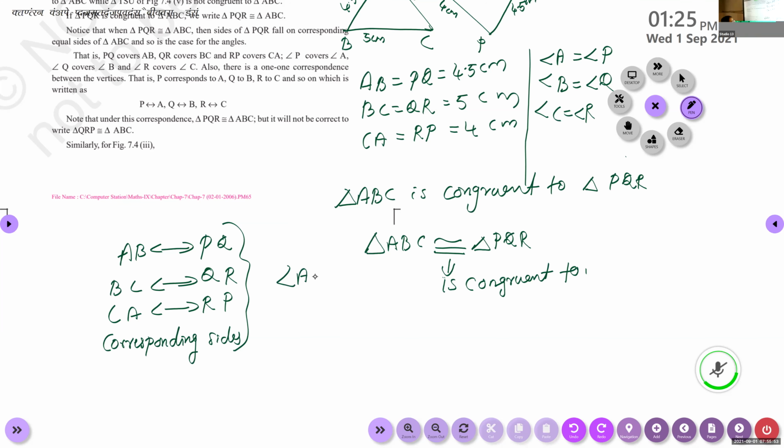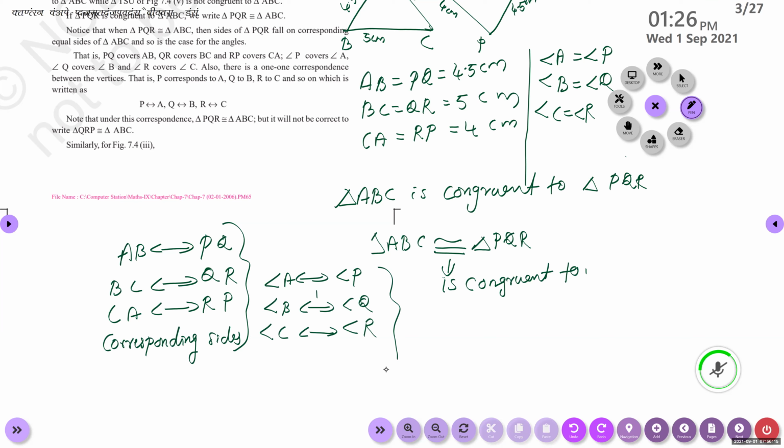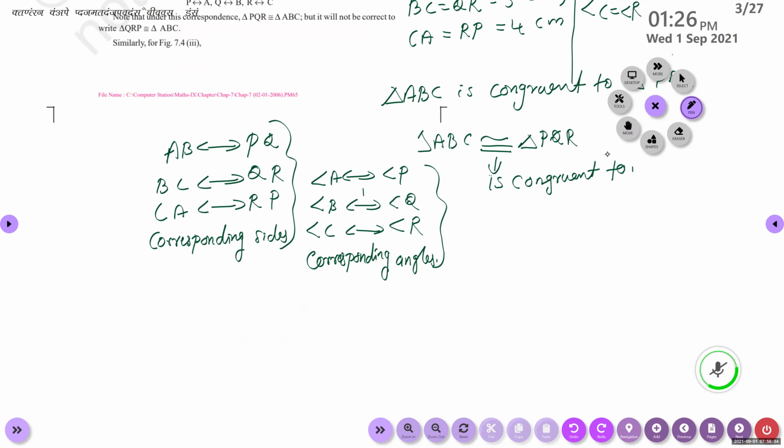Angle A corresponds to angle P. Angle B corresponds to angle Q. Angle C corresponds to angle R. So these are the corresponding angles. Both these corresponding angles and corresponding sides are called corresponding parts.